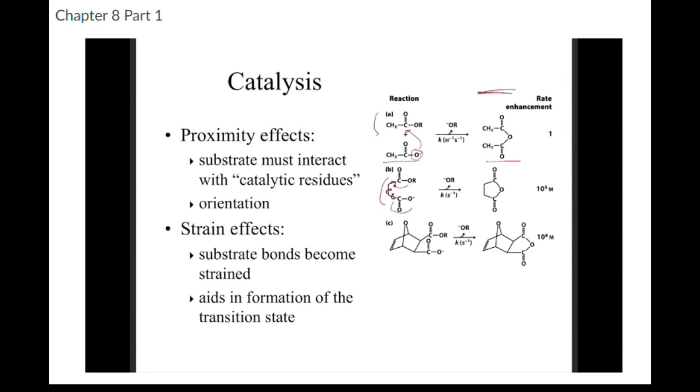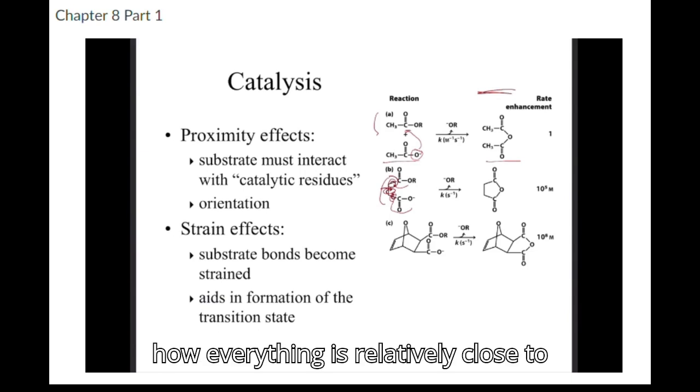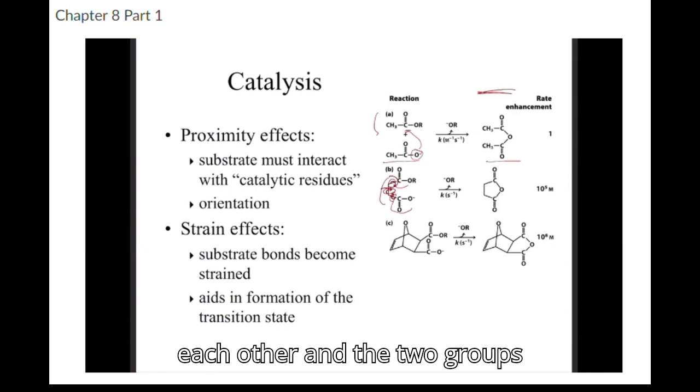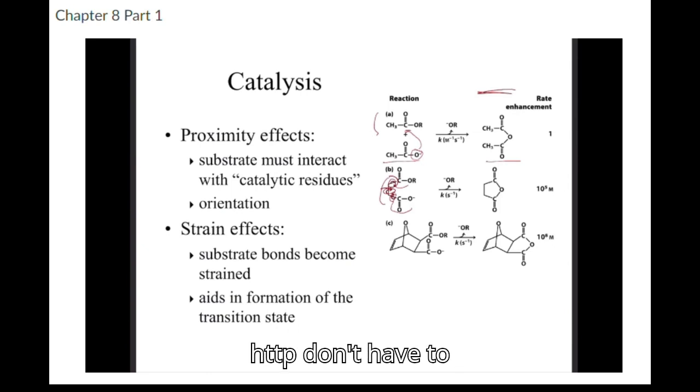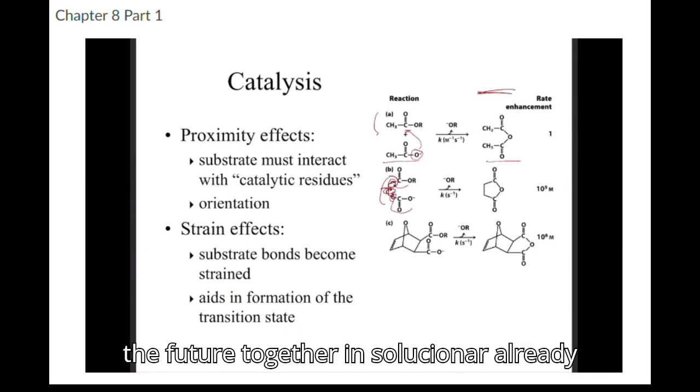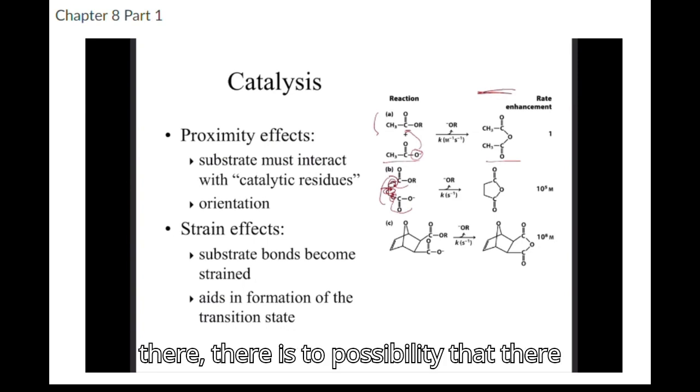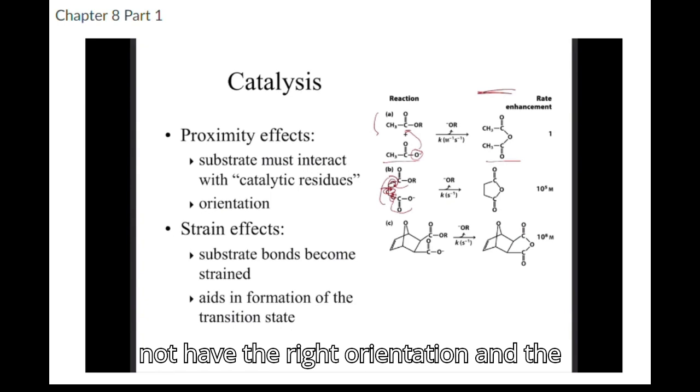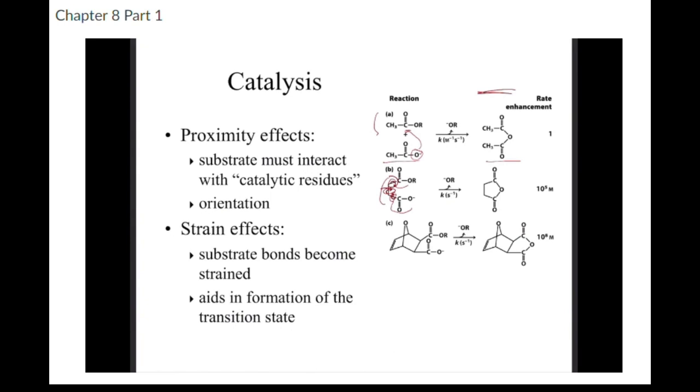The key element here, though, is that all of these bonds, this bond, this bond, and this bond, can rotate. So although everything is relatively close to each other and the two groups that are going to react don't have to diffuse together in solution, they're already there, there is still the possibility that they're not going to have the right orientation to undergo that reaction.